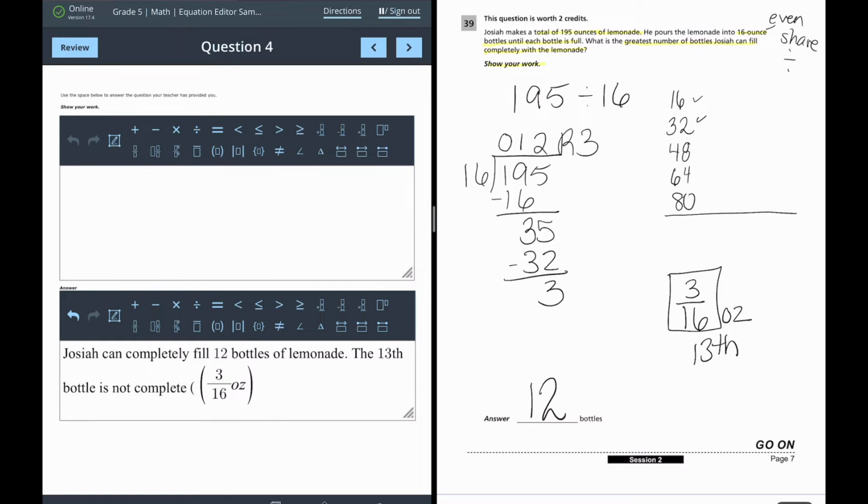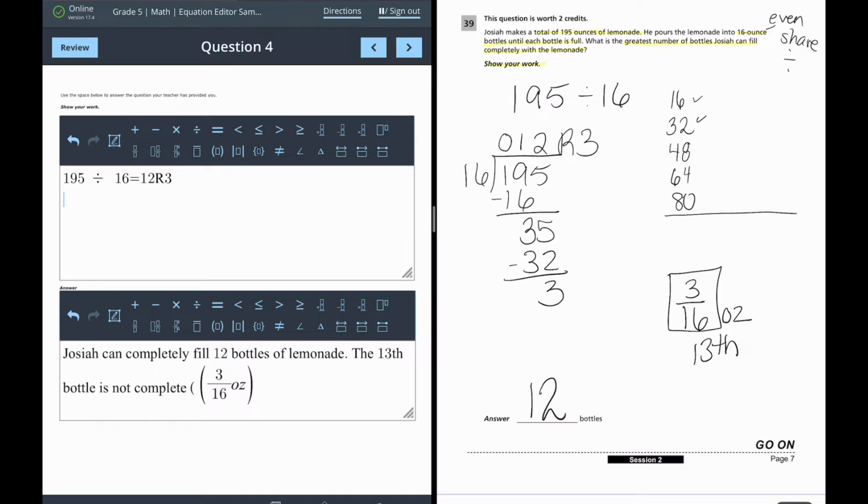But I want to make sure, how do I show my work for this? So I'm going to write a number sentence for this. 195 divided by 16 is equal to 12 remainder 3. So that right there has my answer.